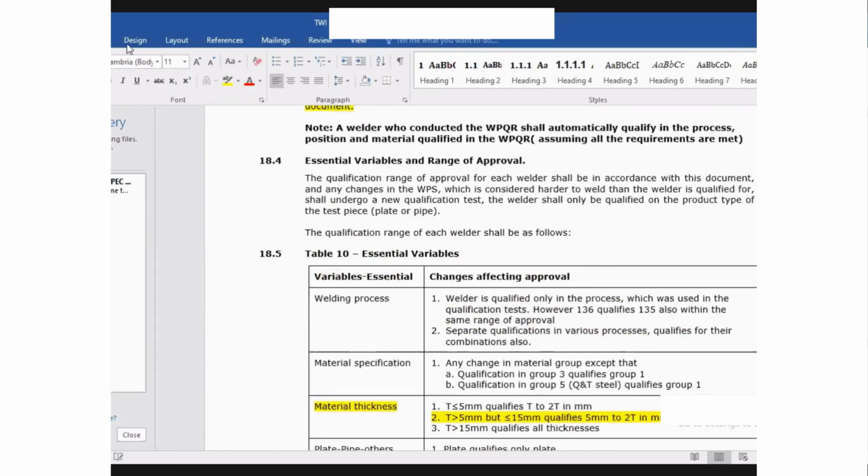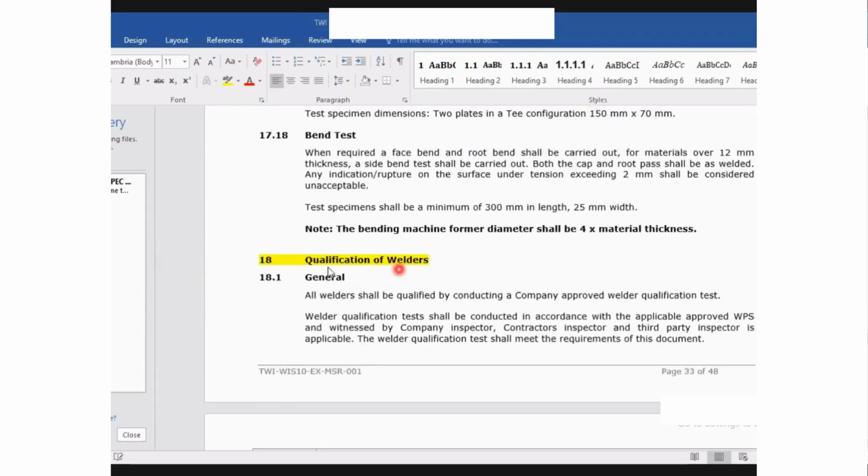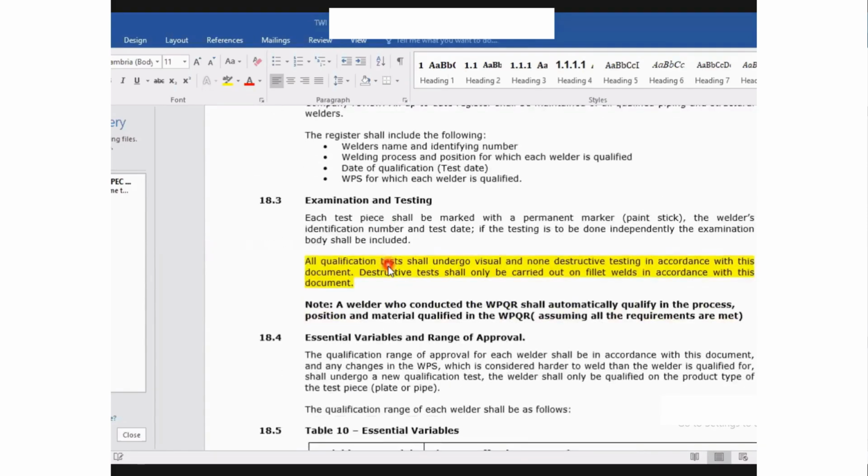All right, in table 10, we have essential variables for welder qualification. Yeah, right, section 18 for qualification of welder. Table 10.